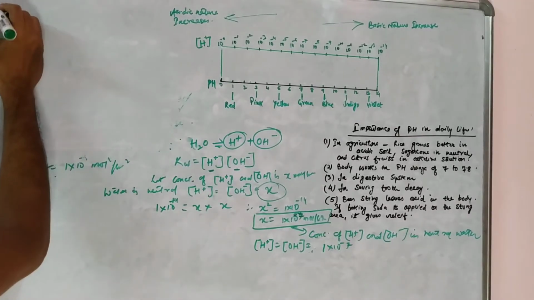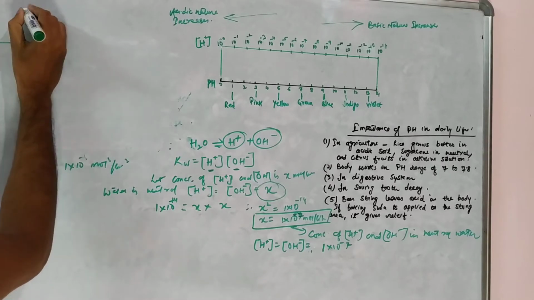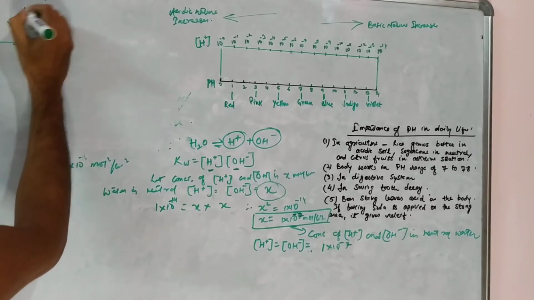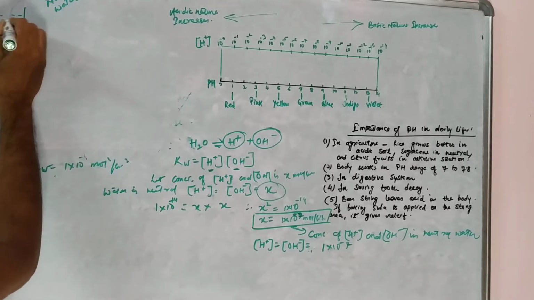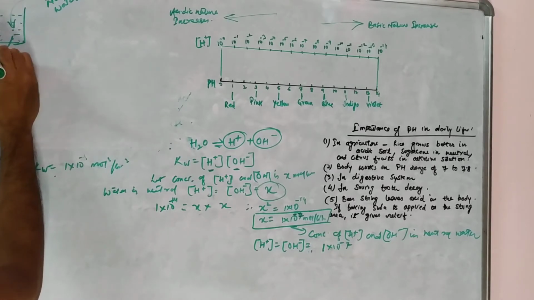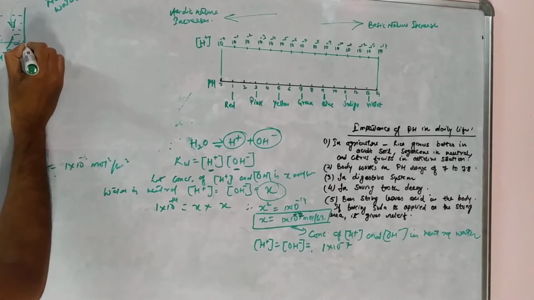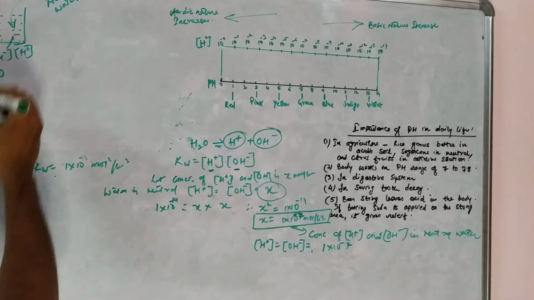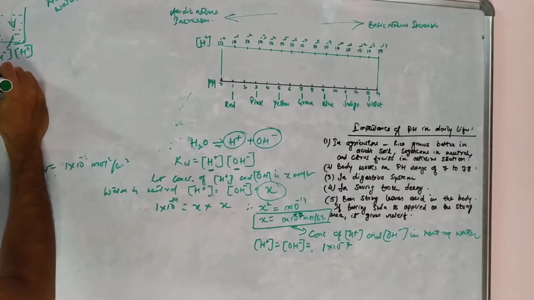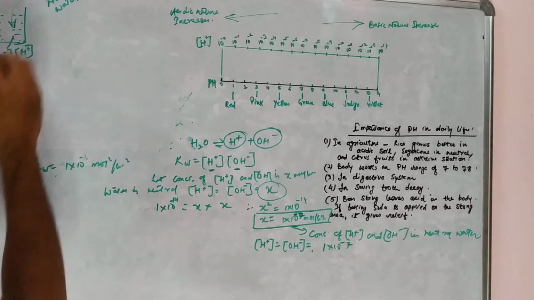Now this is neutral water, which consists of hydrogen ion and hydroxyl ion, and the concentration of both these ions is 1 into 10 to the power of minus 7.